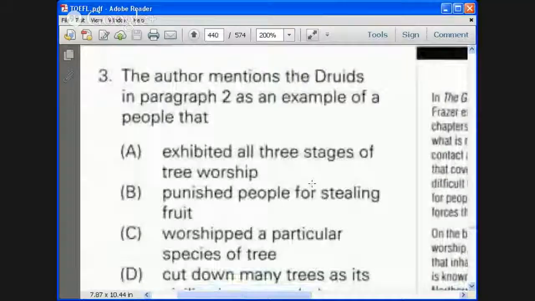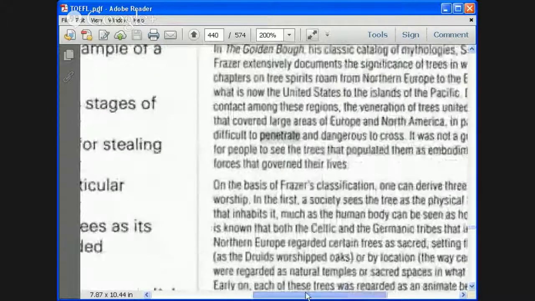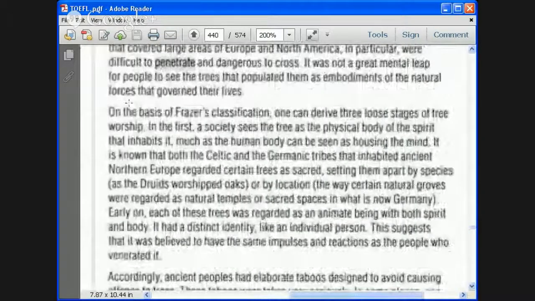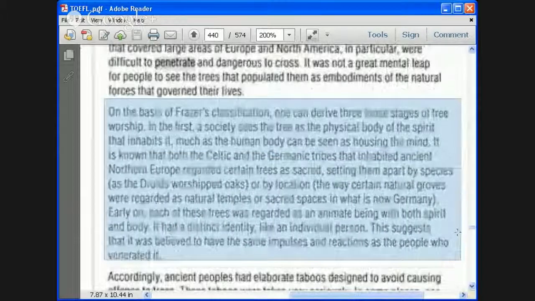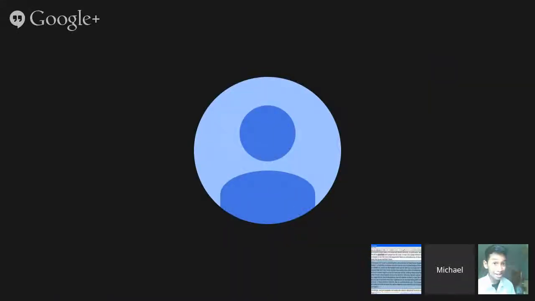Okay, Michael, the author mentions the Druids, my favorite people, in paragraph 2 as an example of a people that... what are they an example of? Well, okay. Here we go. This paragraph here. The Druids worshipped oaks.